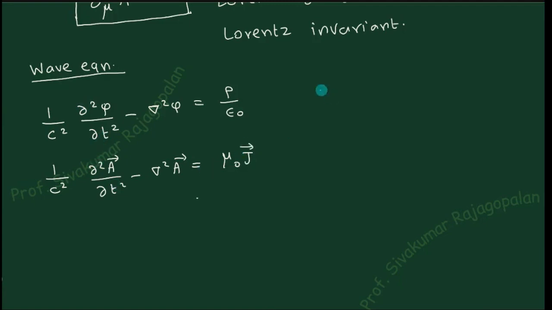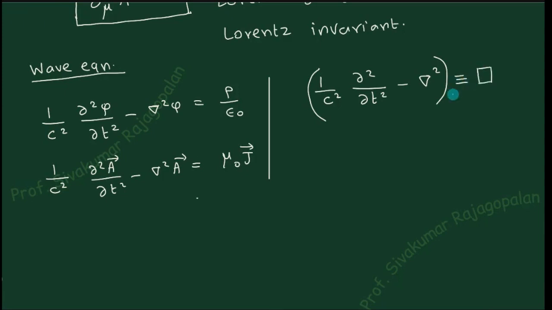Okay. So here, what is that? This is the wave operator you already know, right? The wave operator is this, 1 by c square dou square by dou t square minus the del square, and that's all. On this operator, either phi can be acting here or capital A will be acting. So this is the wave operator. And interestingly, we are going to rename the operator now. We are going to call it the box operator.